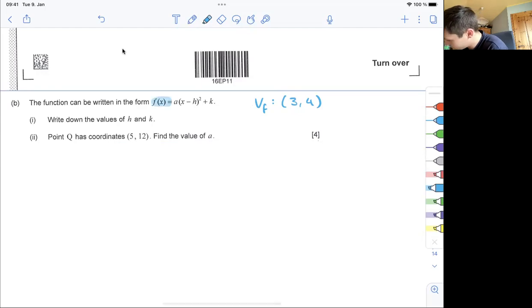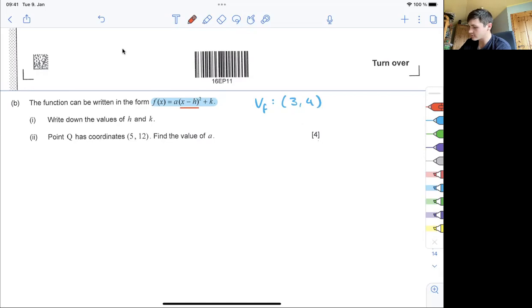This form, f(x) equals a multiplied by (x minus h) squared plus k, is known as vertex form. The vertex's x value is the value of x that makes this bracket equal to 0, and then k will be the y value.